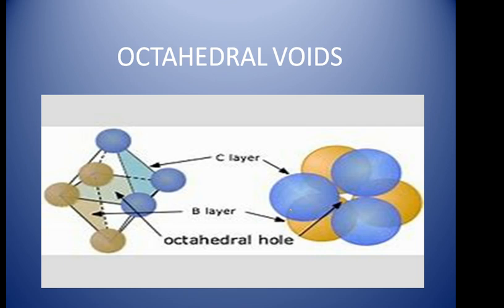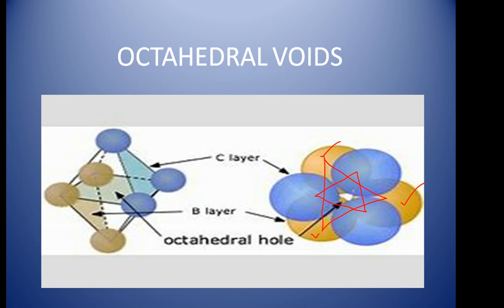Now in octahedral, what happens here? In the first layer, three spheres like these yellow ones, they are making a triangle-like shape, and in another layer again these three blue balls are making another triangle, but these two are inverted.